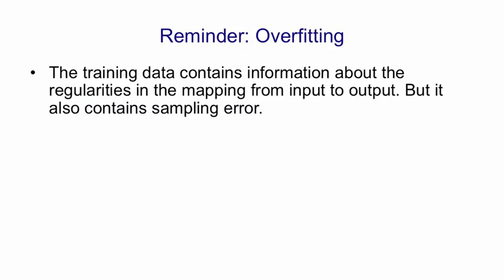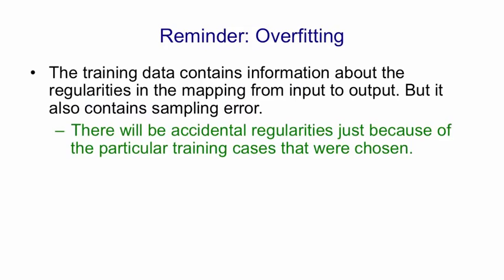Just to remind you, the reason we get overfitting is because, as well as having information about the true regularities in the mapping from the input to output, any finite set of training data also contains sampling error. There's accidental regularities in the training set just because of the particular training cases that were chosen.